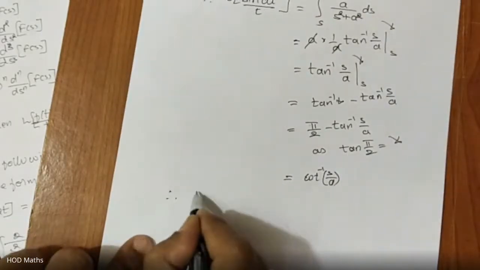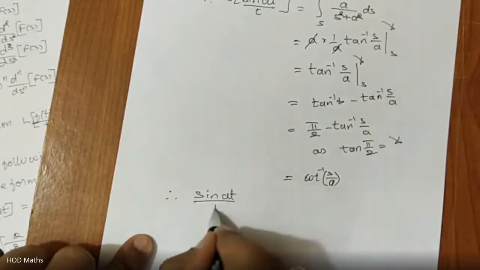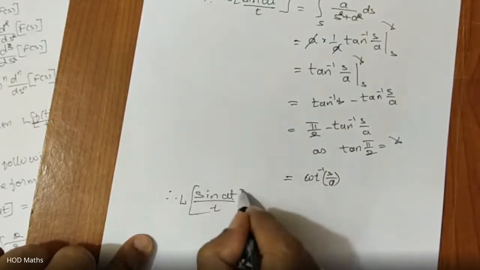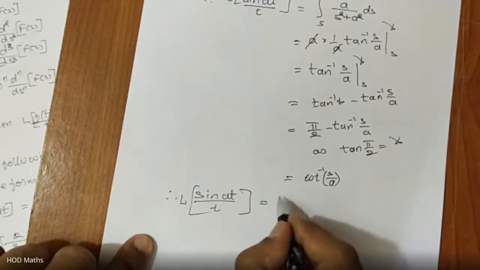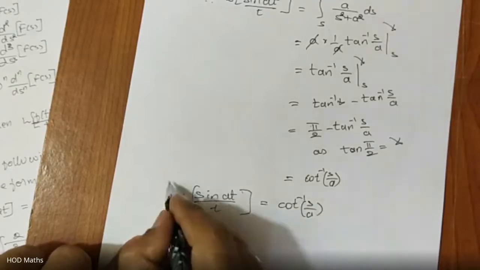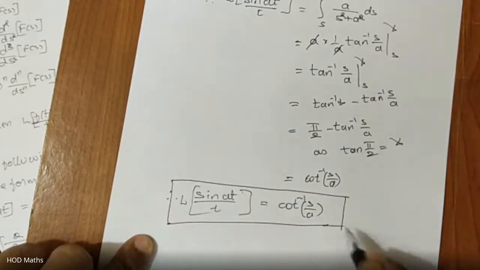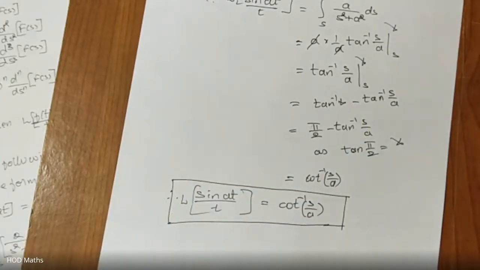Therefore, L of sine AT by T is either pi by 2 minus tan inverse S by A or cot inverse S by A. Both are okay. So this is how we come across such problems.